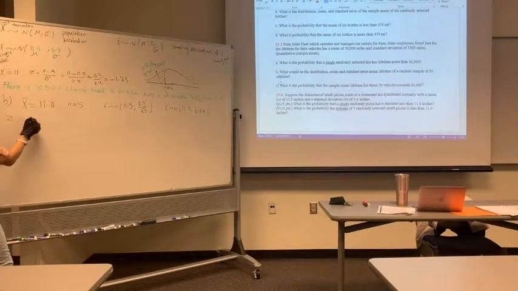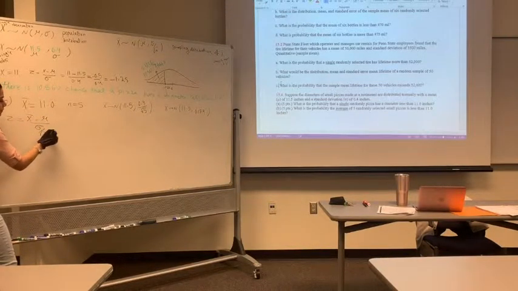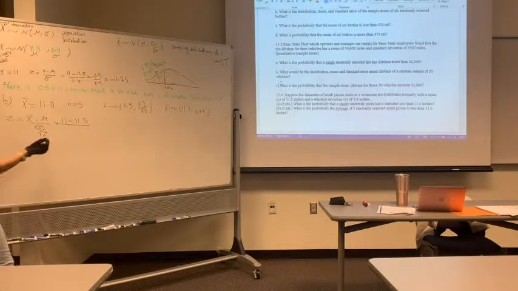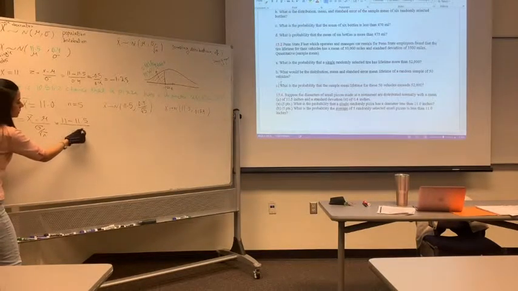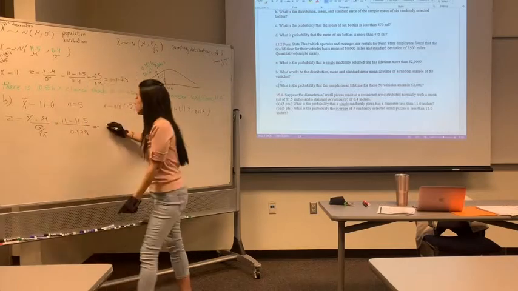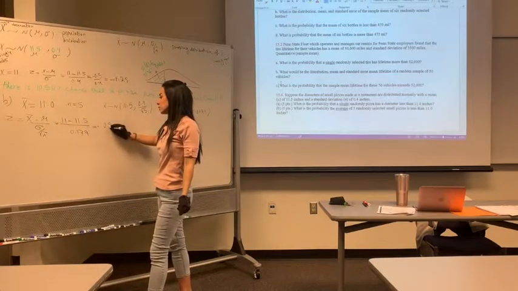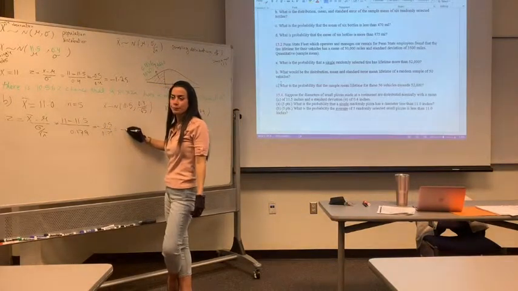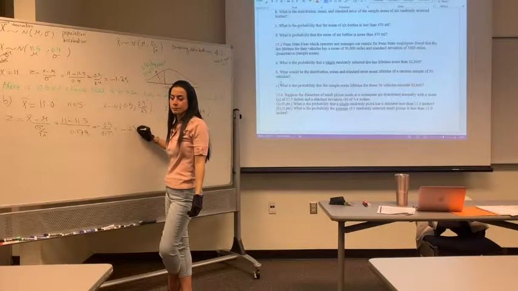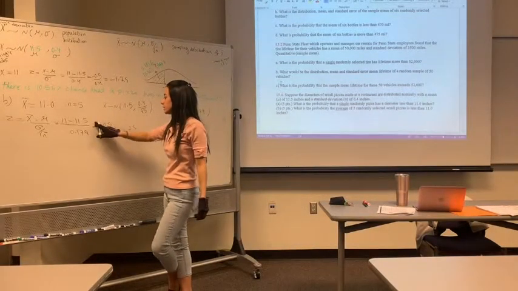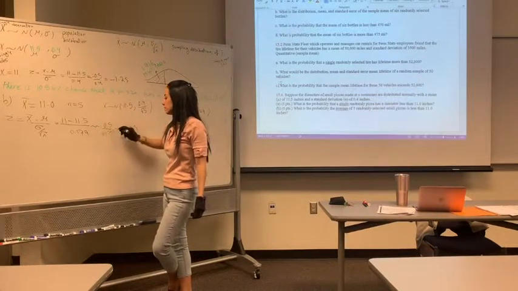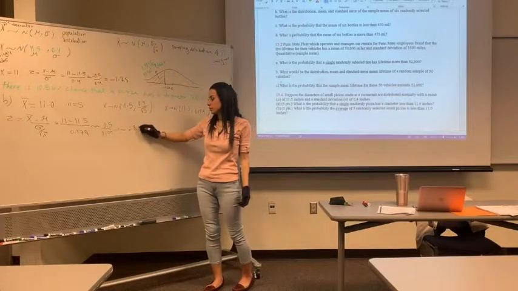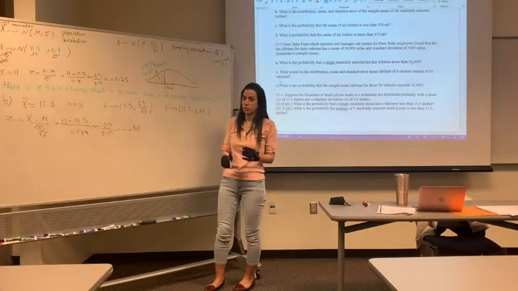We should find the Z value. 0.5 divided by the standard error gives approximately 2.8. We need 3 digits, right?